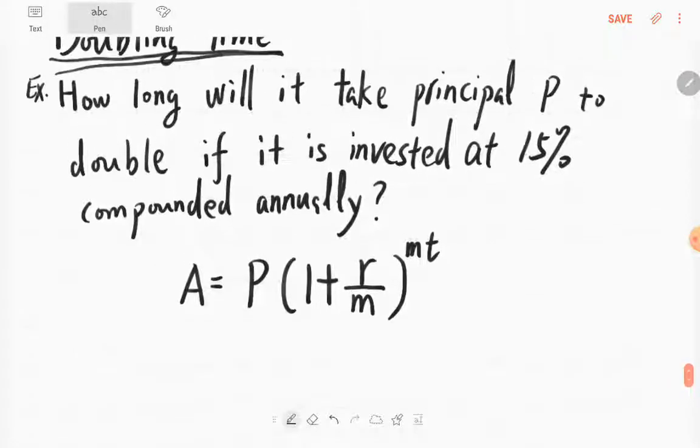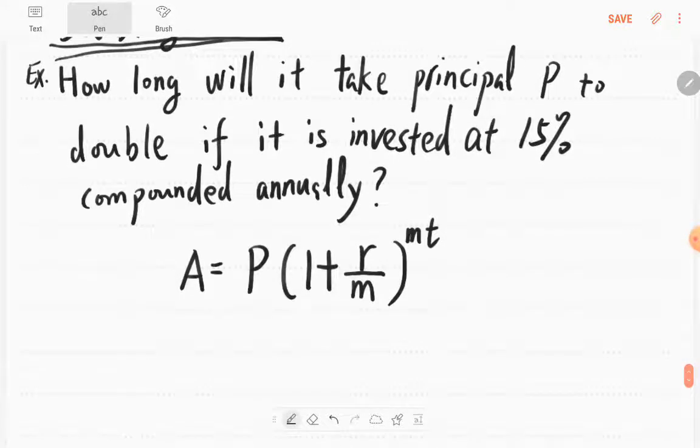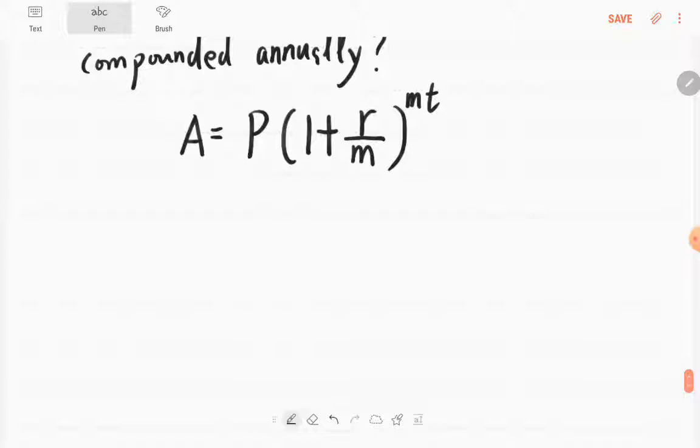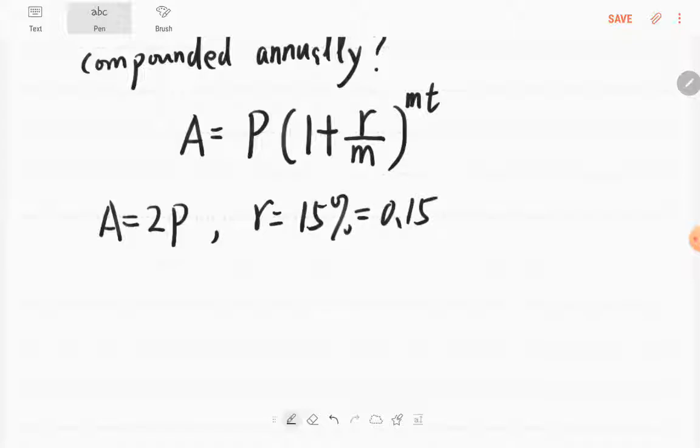We want to know when the principal will double. If the principal is P, the future value should be doubled, so the future value is 2P, right? Here r is 15%, so it's 0.15.